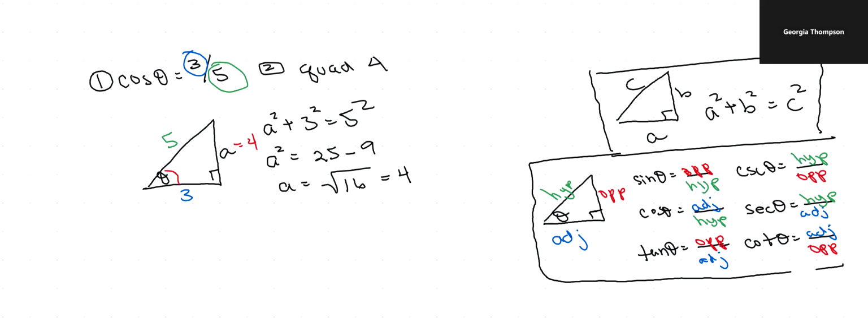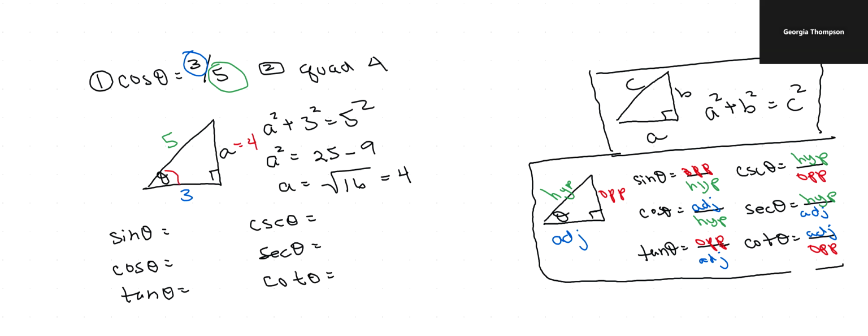So now I can go through and find sine, cosine, tan, I can find any of these. And just remember, this quadrant is telling us which one needs to be negative. So we know that in quad 4, we're down here.